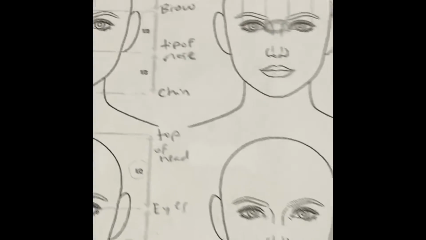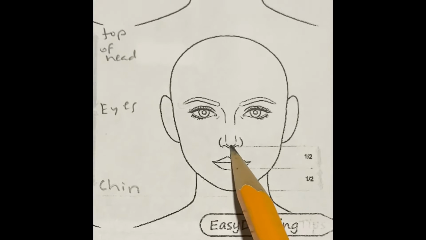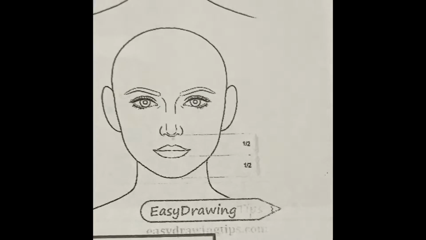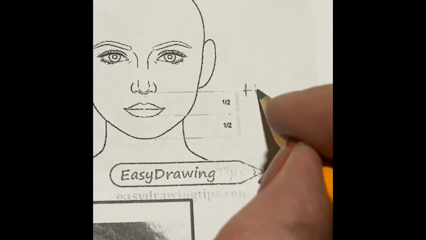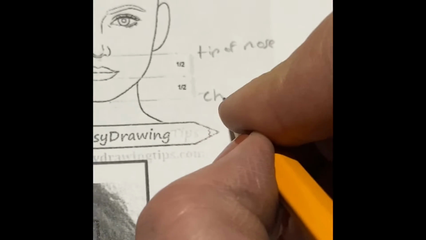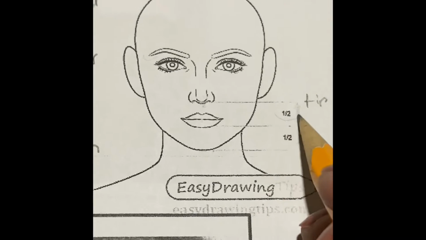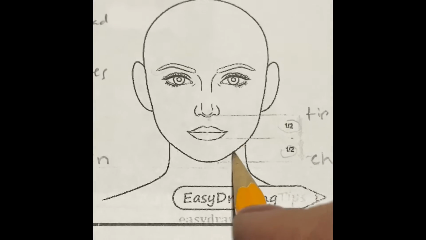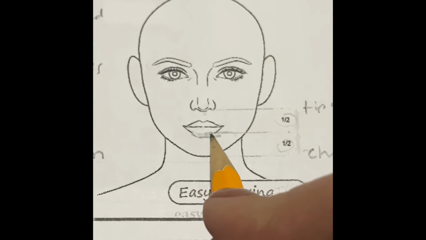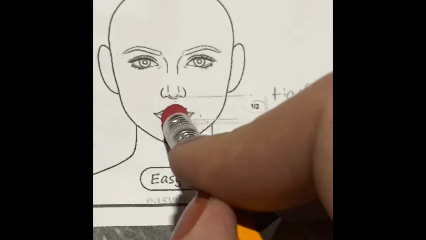Okay, now let's look at the last image here. Okay, this image is going from the tip of the nose to the chin. So if you need to write that down to help you, tip of nose down to the chin. And if we break up that section into halves, it will show us that the bottom of the bottom lip lines up with that halfway mark.